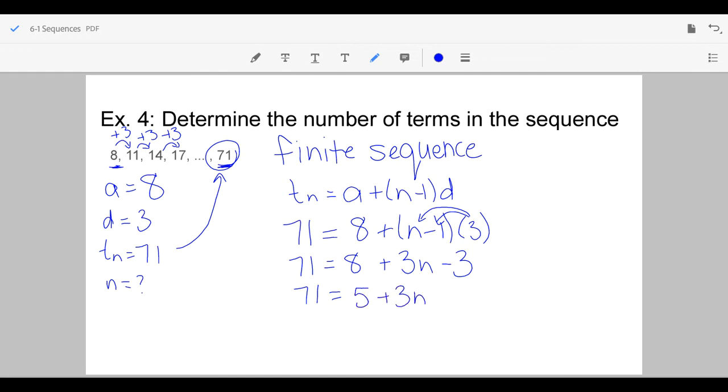Bring the 5 to the other side, so 71 minus 5 is 66, and on the right side we still have 3n. Divide both sides by 3, and we get that 22 is equal to n, which means that 22 is our term number, and there are 22 terms in the sequence.